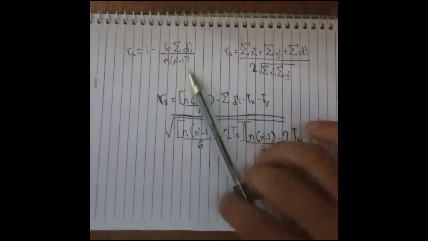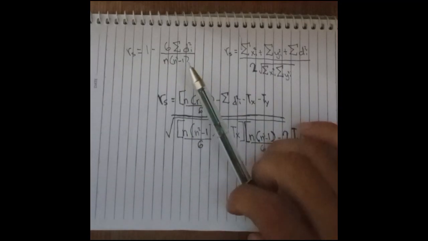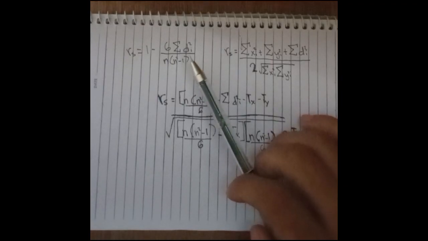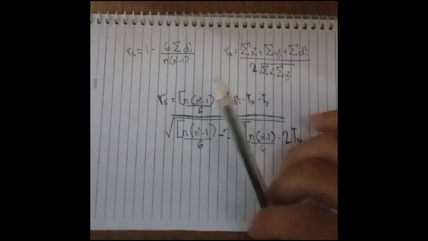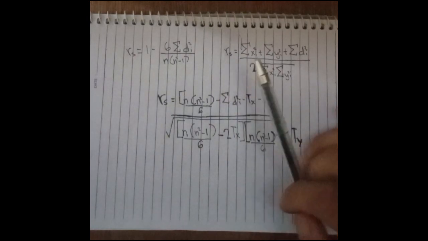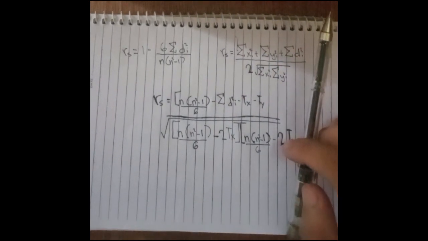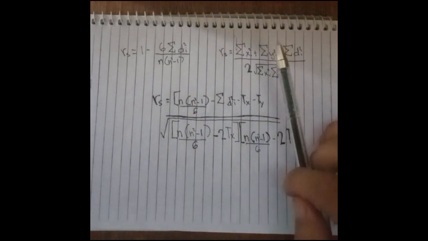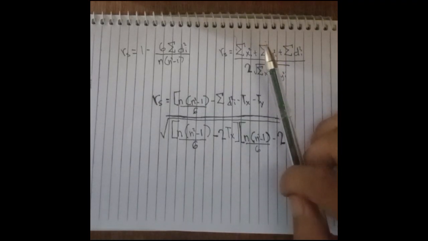So that's the formula for data that don't have identical values.